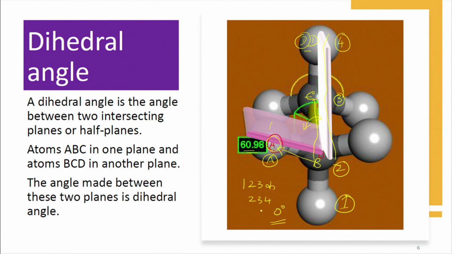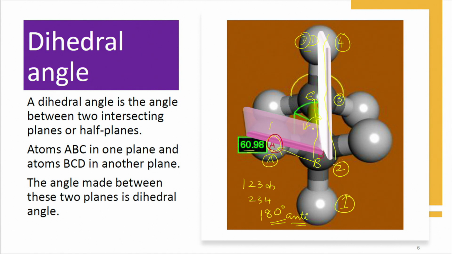So, here instead of 0 degree, we call this 180 degree. The difference between these 2 angles is 180 degree, because this is the same single plane, and that is the reason this is called the anti-arrangement. So, for the staggered or anti-arrangement, we have 180 degree as the dihedral angle.